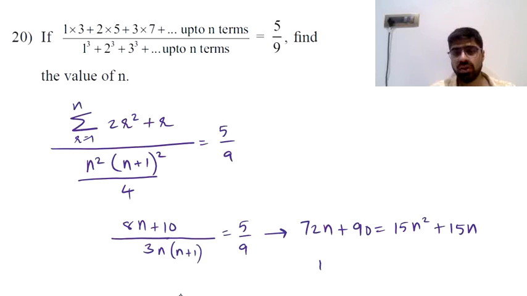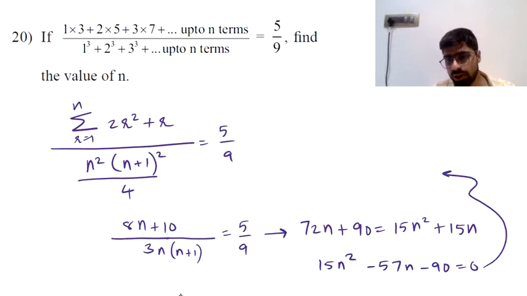Take everything on the right, so that makes it 15n square. 72n goes here, so 15n minus 72n, that's making it 57n, and minus 90 is equal to 0. So if we try to factorize this, the factors are going to be, it's 15 and 90, right?